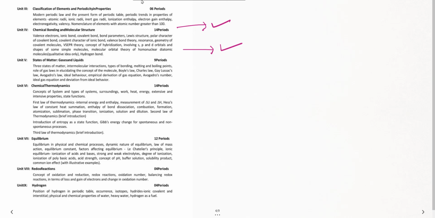Now when I take states of matter, gases and liquids, right students, here states of matter is there. In states of matter, because it is a very important chapter, nothing is deleted, but a little deletion is there in this, that is liquefaction of gases. This is not there. So in states of matter, what is not there?